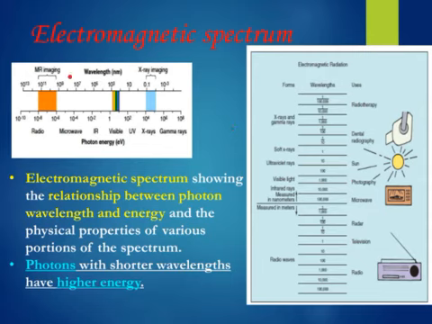Now if you see this image, you can see radio waves, microwaves, infrared waves, visible light, UV rays, X-rays, gamma rays. There are numbers written which represent the wavelength and also the photon energy.